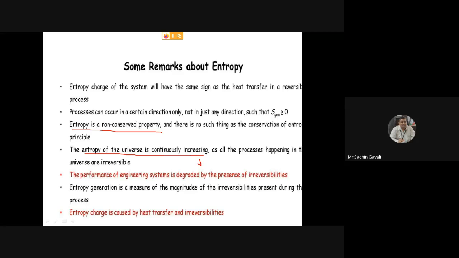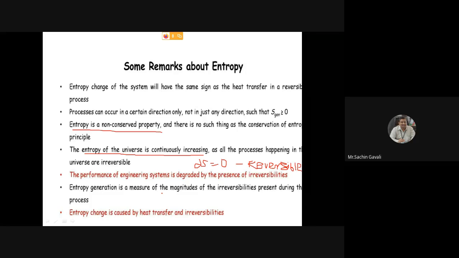Only for a reversible process, dS is equal to zero. Otherwise, for any irreversible process, the entropy change is greater than zero. Therefore, entropy always goes on increasing in the case of irreversible processes, and all the processes in the universe are irreversible.